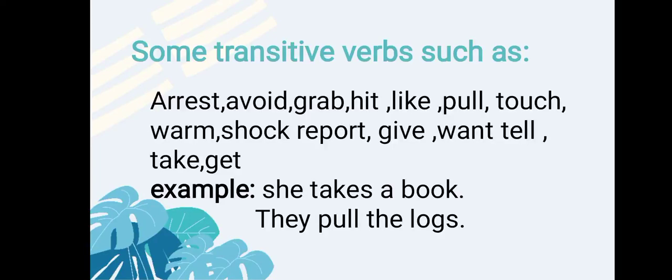These are examples of transitive verbs that you should use to make sentences. She takes a book. They pull the dog. I use takes and pull from these transitive verbs. Seventh class, this is necessary information for you.